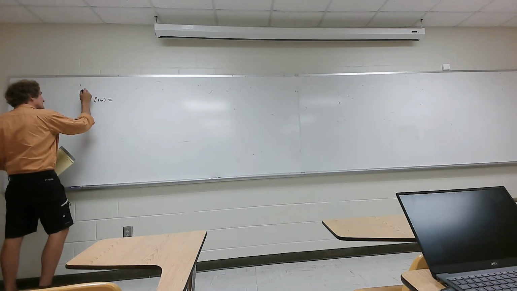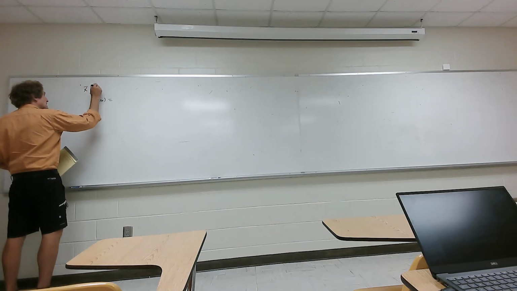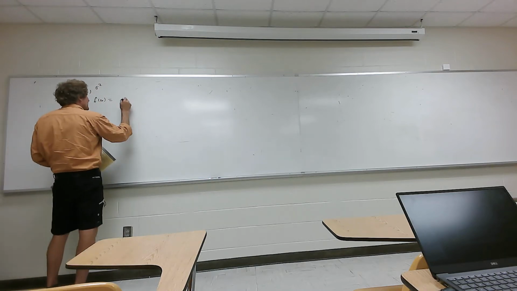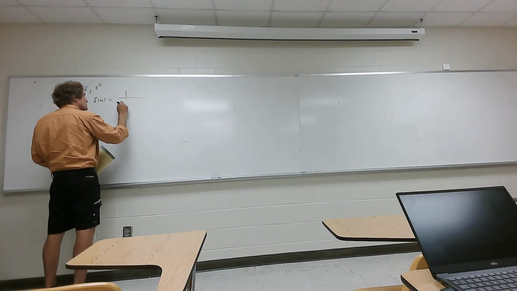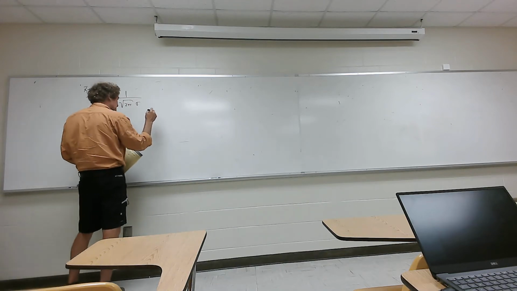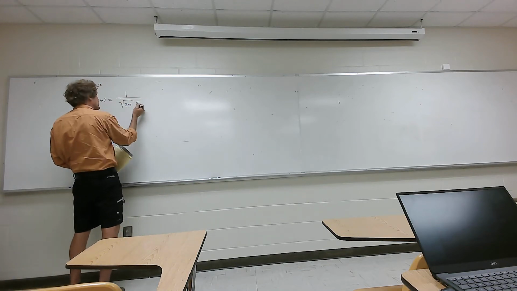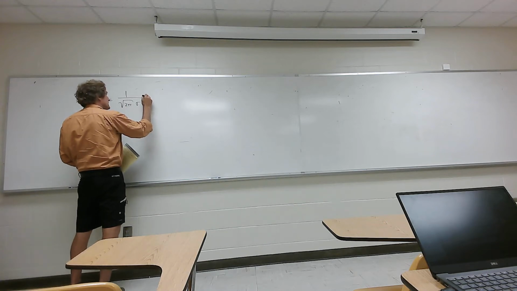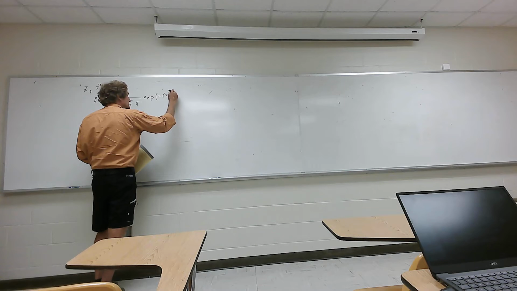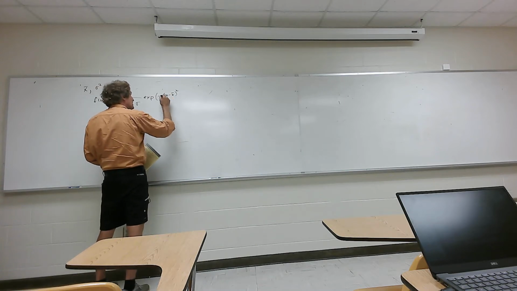If x had a mean x bar and a standard deviation sigma, or variance sigma squared, it was equal to 1 over sigma times the square root of 2 pi, times exp to the minus the quantity x minus x bar, the mean value, squared, over 2 sigma squared.